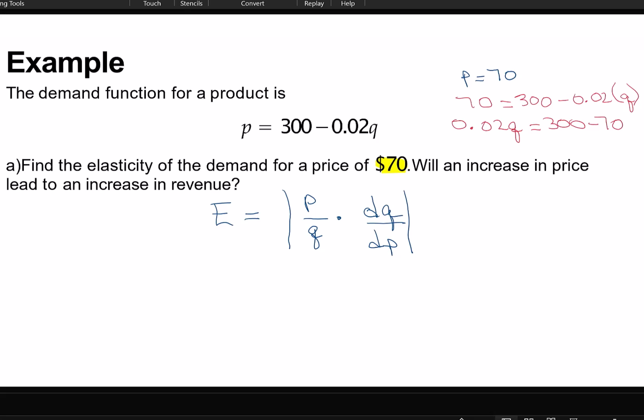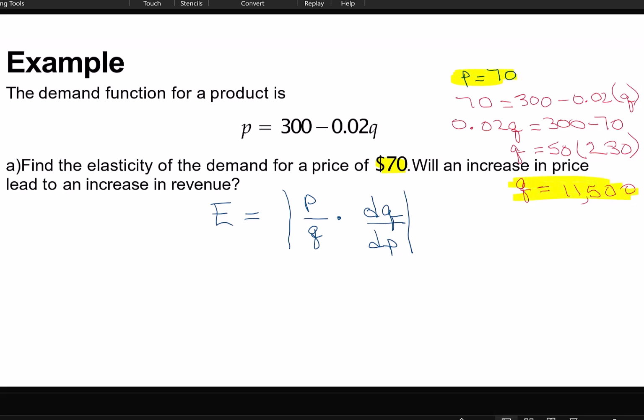Divide both sides by 0.02, or I can multiply both sides by 50. So Q is going to equal 50 times 300 minus 70, which is 230. That means Q equals 11,500 when P equals 70.